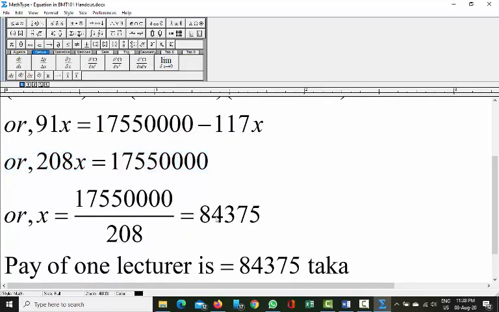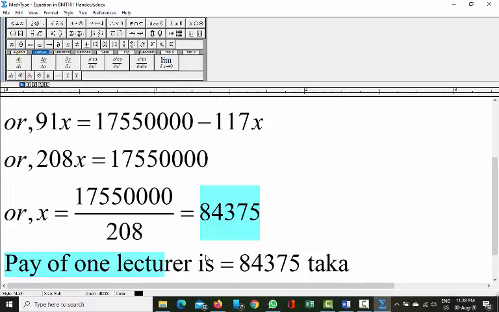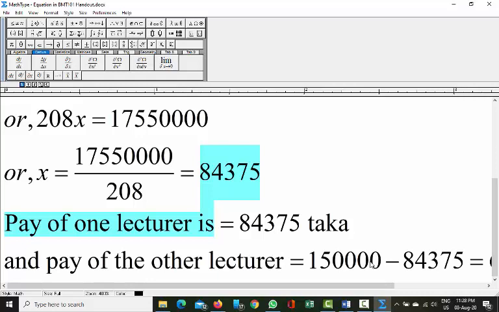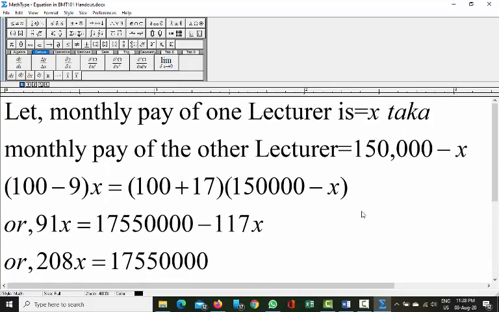That means the current pay of one lecturer is this much taka. So the pay of the second lecturer, or the other lecturer, is 150,000 minus this one, because the pay of the first lecturer is x taka, and we have already got the value of x.